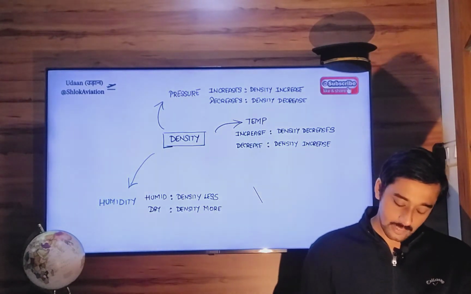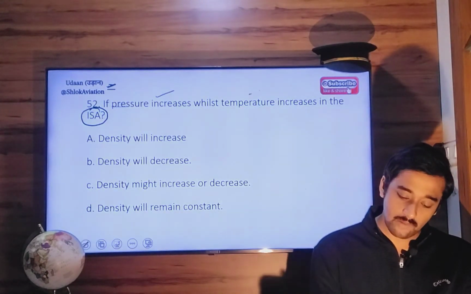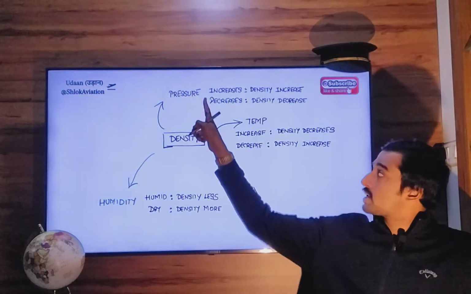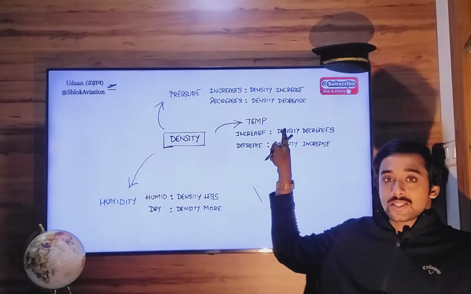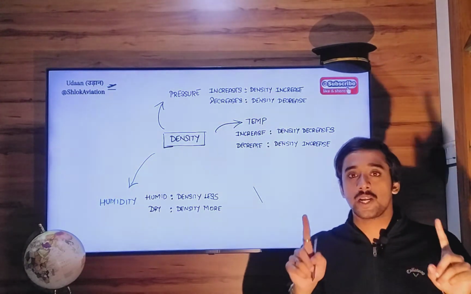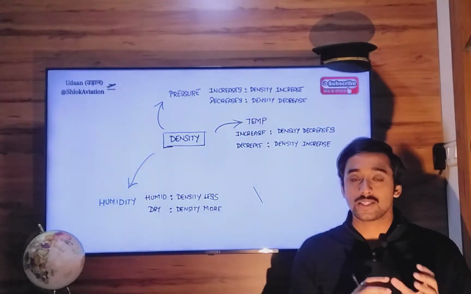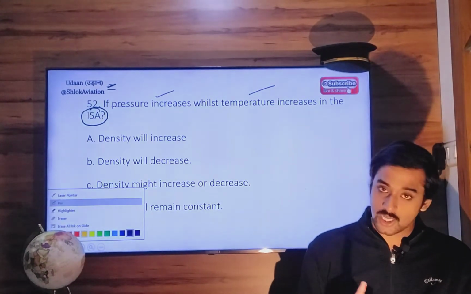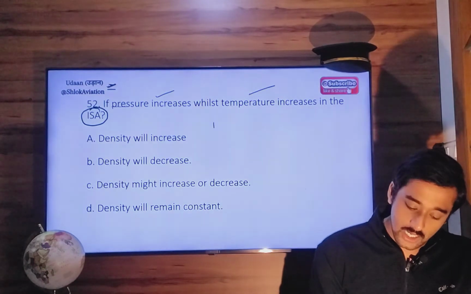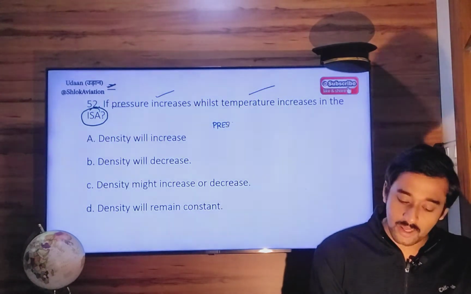So now here pressure increases and temperature increases. Now if pressure increases, density increases. If temperature increases, density decreases. So they contradict. So what is the final result? Remember, out of pressure and temperature, pressure is the dominating factor.